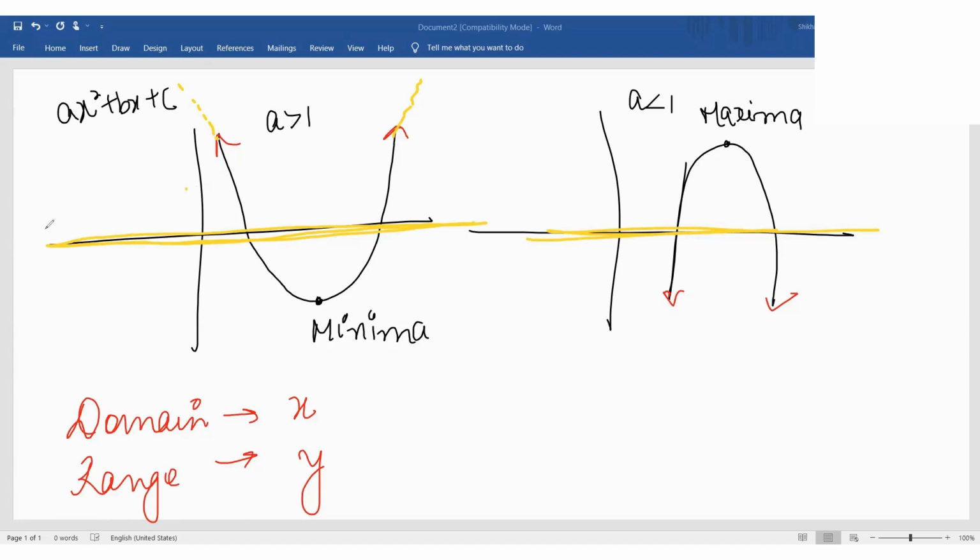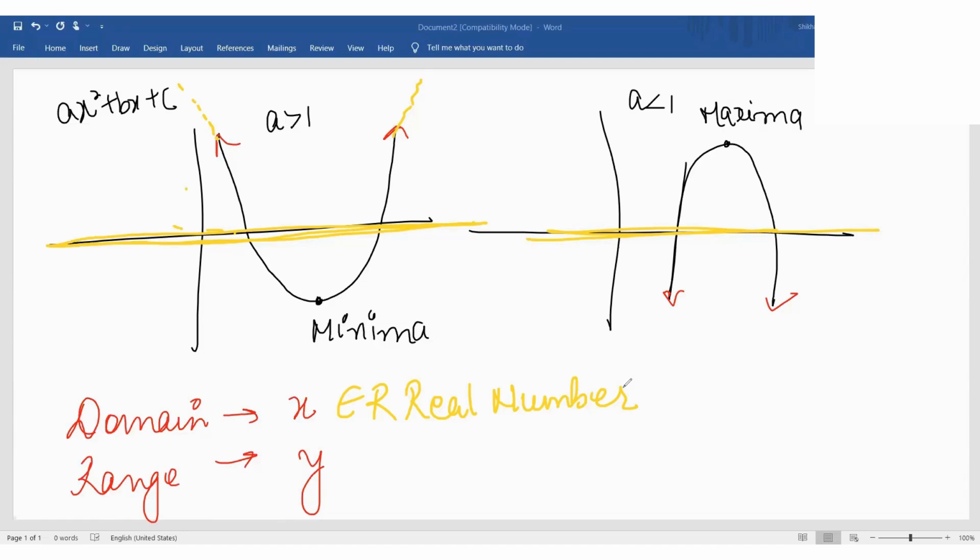So domain means all the values. X belongs to R, all real numbers. That means your rational, irrational, everything, right? X belongs to R. So the domain for your quadratic graphs will always be this.